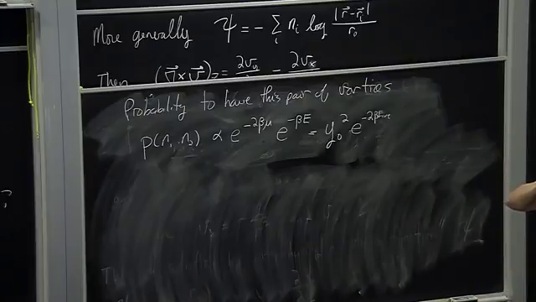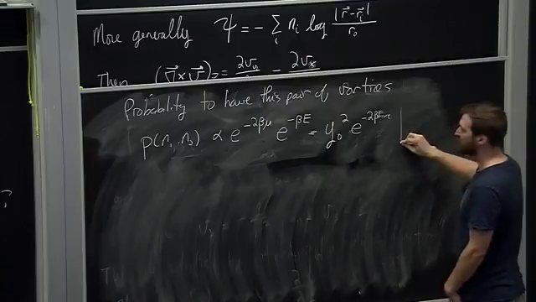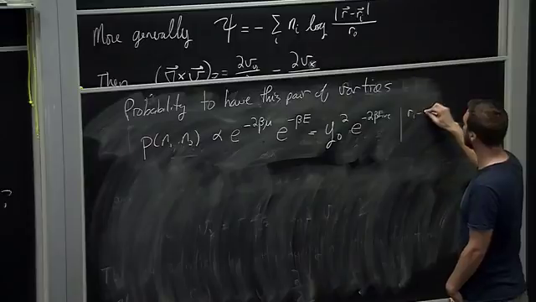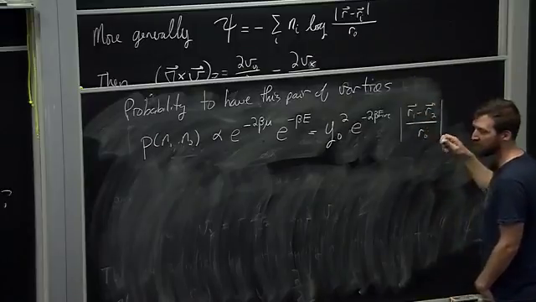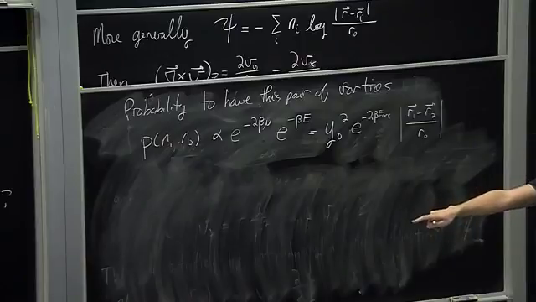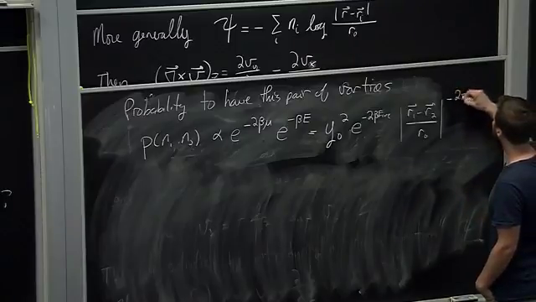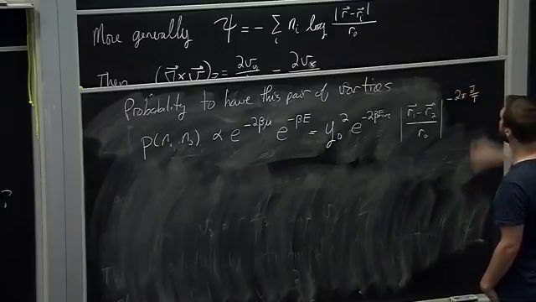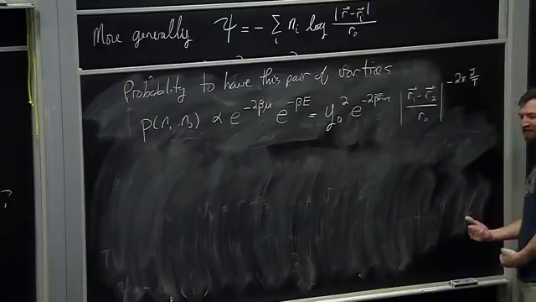Then I have that logarithm, which I'm exponentiating: (R1 minus R2) over R naught, raised to the power of 2 pi J out front times beta, so minus 2 pi J over T. So there's a positional dependence in this probability.